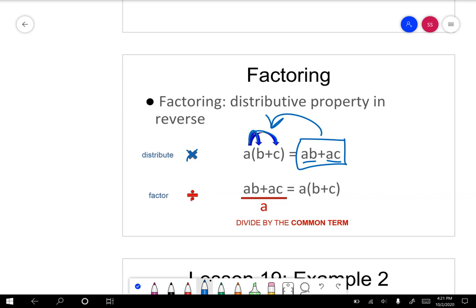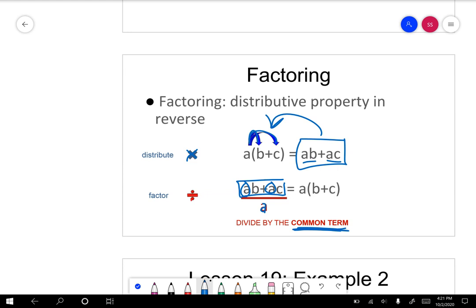So we're basically starting on this end and getting to this end. When we're factoring, we're going to find the common term. If we look at this expression right here, the common term would be a. A is in both of those terms, so that's the one we would divide by. If we divide by a there, we're basically moving a to the outside of the parentheses by dividing.